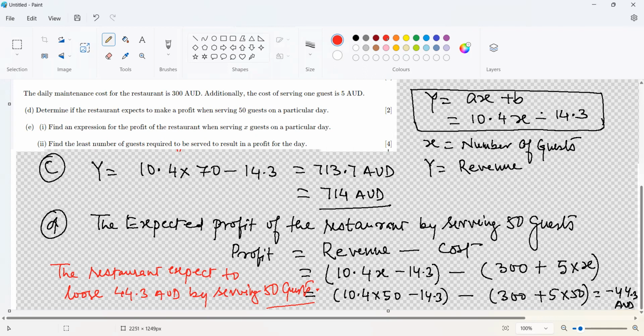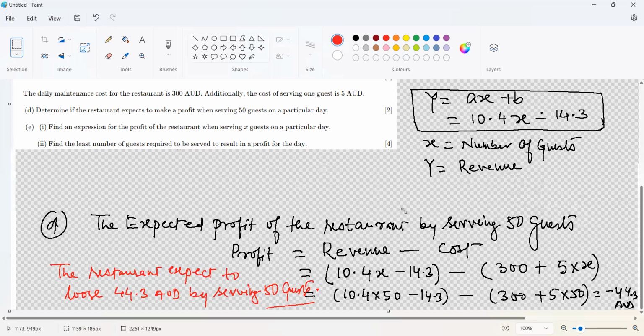Now come to number E. In number E, find the expression for the profit when the restaurant is serving x guests on a particular day. So the profit function we already obtained in D, which is 10.4x minus 14.3, bracket, minus 5x plus 300.